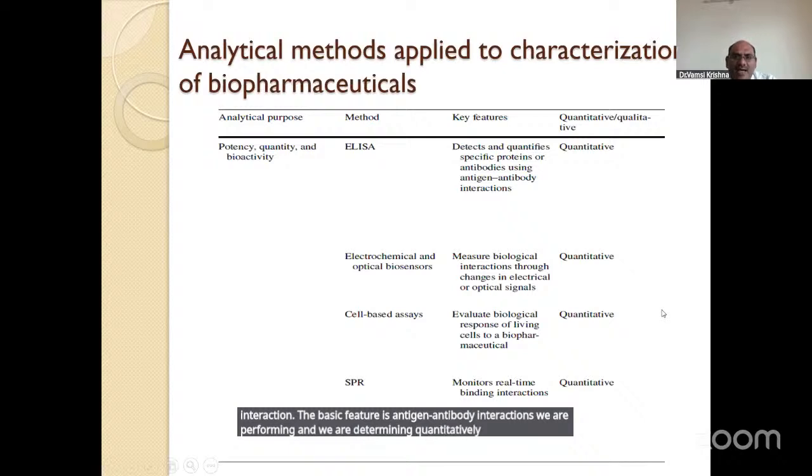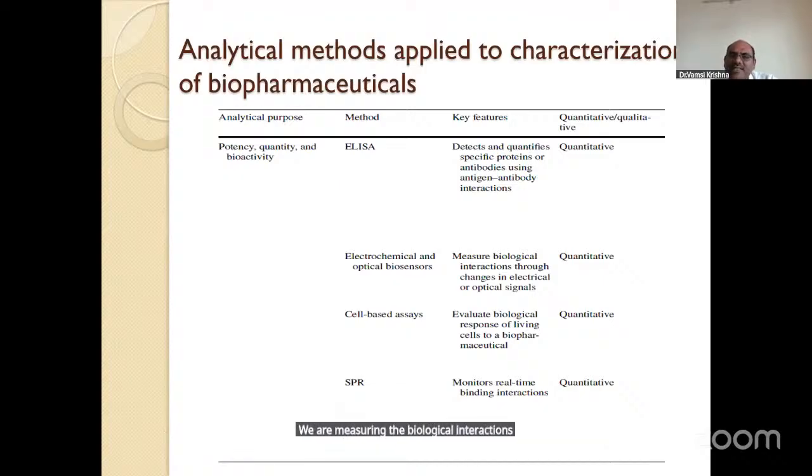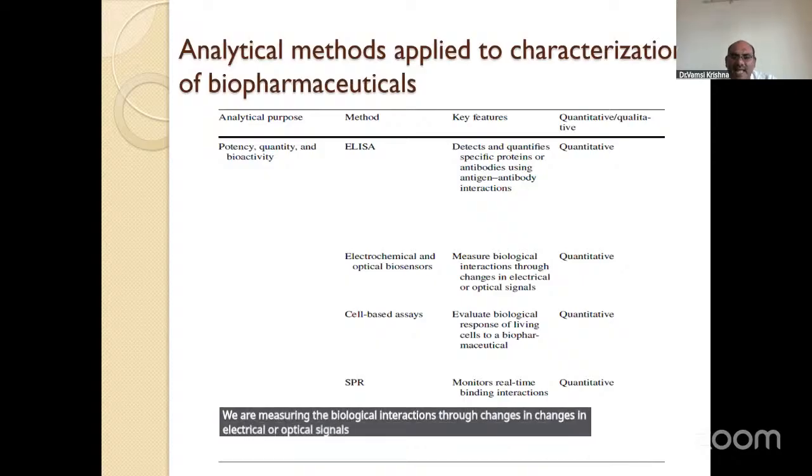And then electrochemical and optical biosensors, we measure biological interactions through changes in electrical or optical signals. By changes in electrical or optical signals, we determine these biological interactions.